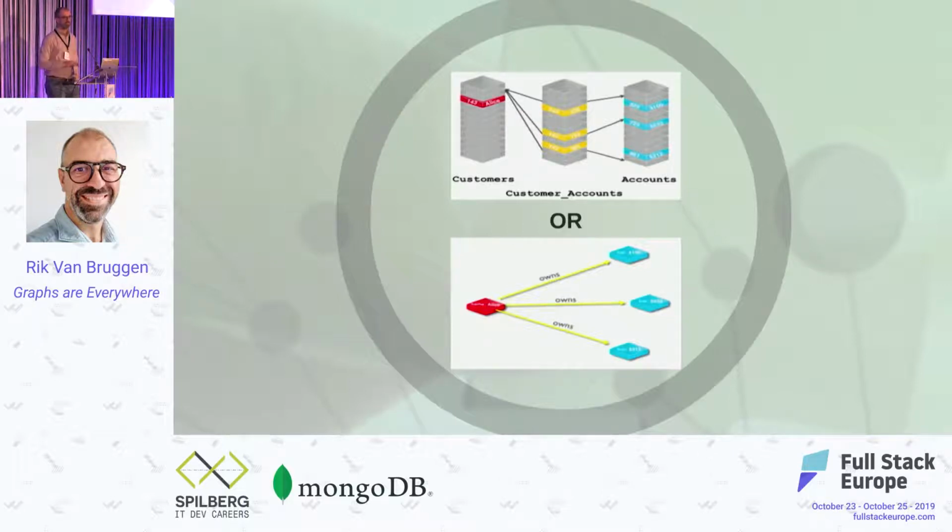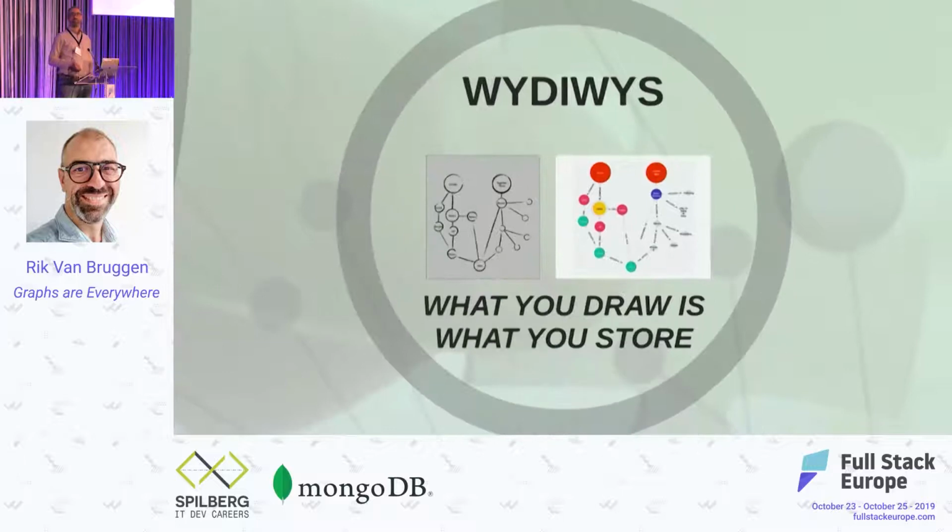They become relationships, explicit relationships between instances of entities. So you don't have join tables anymore, and if you just compare the two pictures, you see that it's a much more simple way of looking at things. It's actually a much more human way of thinking about these things, which is why I had to come up with this new acronym: what you draw is what you store.